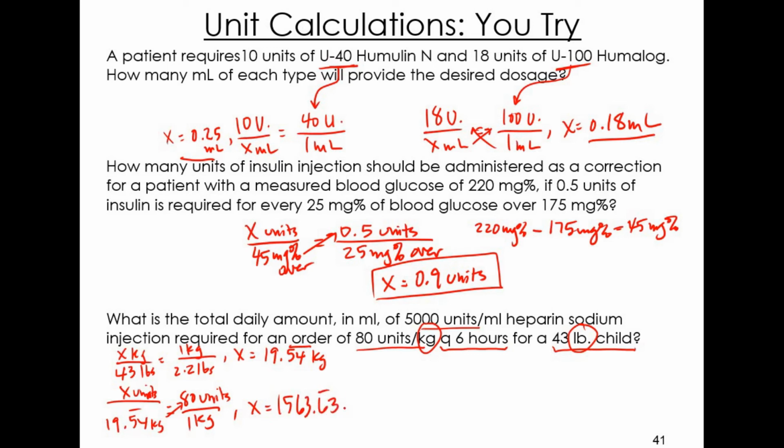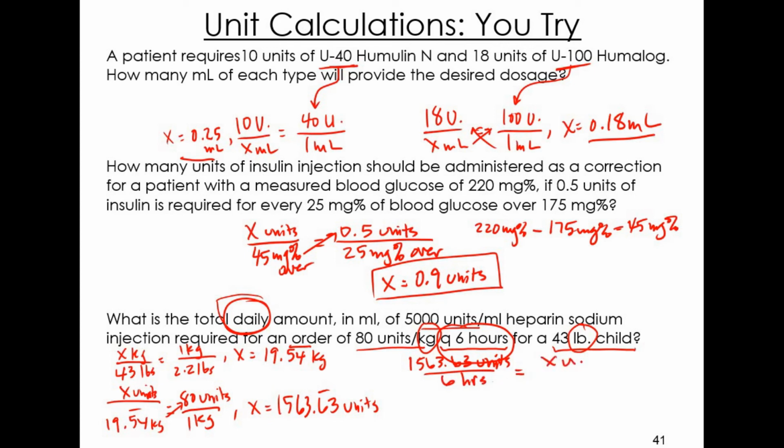And X here, after crisscrossing, is 1,563.63 forever units. Now, this is where we can take care of the every 6 hours thing, because we're asked what the total daily amount is. And this is the amount for every 6 hours. So we can set up that proportion too. 1,563.63 units per 6 hours.